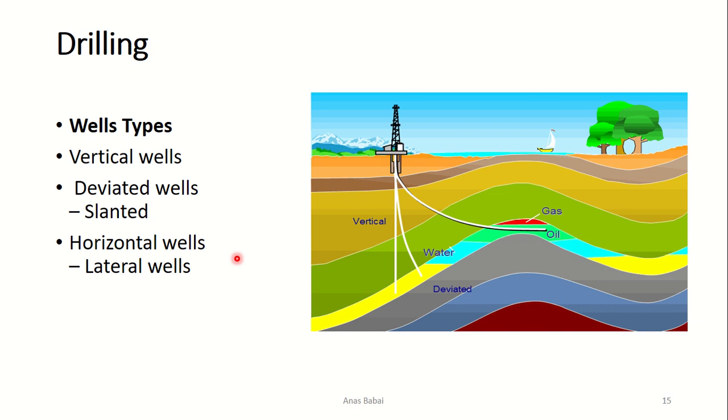We have some different types of wells. We have vertical wells, we have deviated wells, and we have horizontal wells. We talked before about every type of well, why we drill horizontal, why we drill vertical, and when.